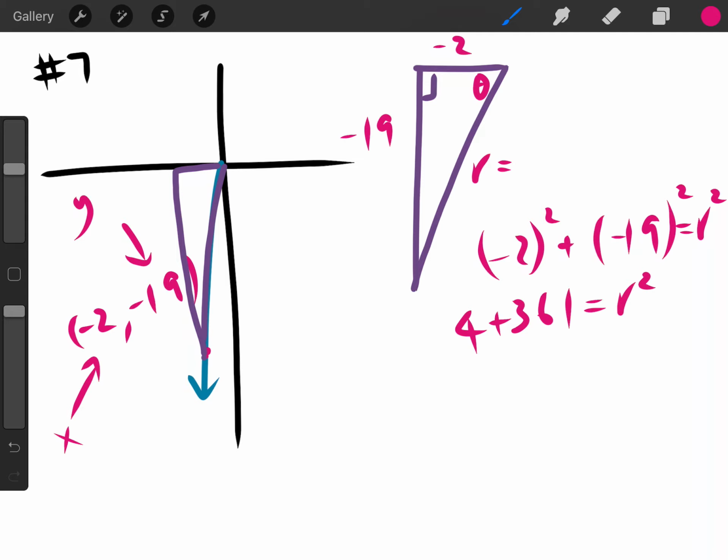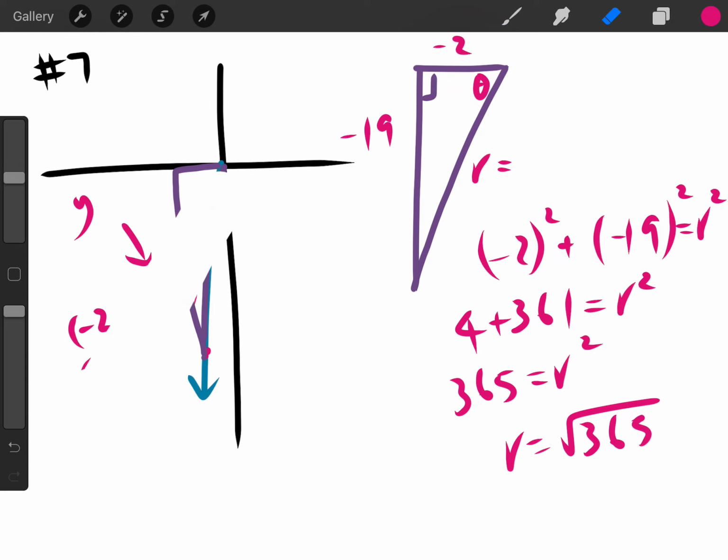Okay, so let's see, you've got 365 equals r squared. All right, so what's going to happen is that r is going to be the square root of 365. That's crazy, man. So let's erase this.